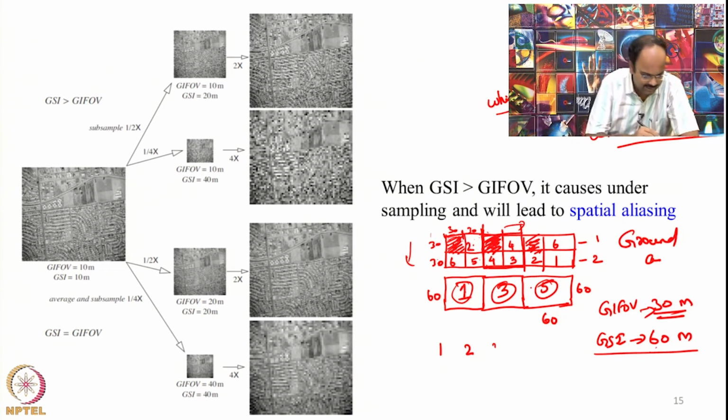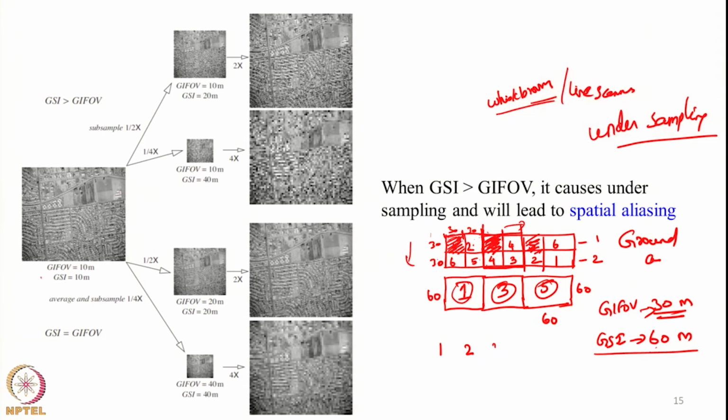An example is given here in this slide. Here we have taken an image with GAFOV equal to 10 meters, GSI equal to 10 meters. We are using some image processing techniques to convert the image. Here GAFOV remains the same, but GSI is becoming coarser and coarser.